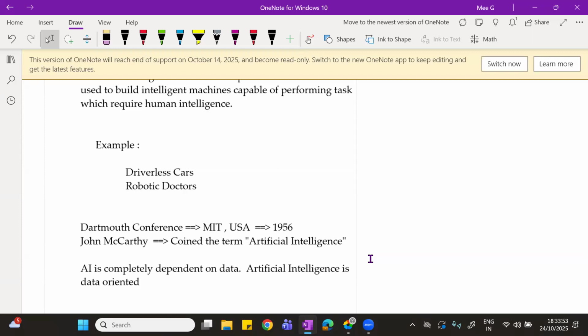Naturally, when we want to buy a car, you will not go and buy a car built in the 1950s, right? Not even 2000, you will not buy it, because they are outdated. So why are we learning it now? See, this is a visionary, futuristic technology introduced by John McCarthy.